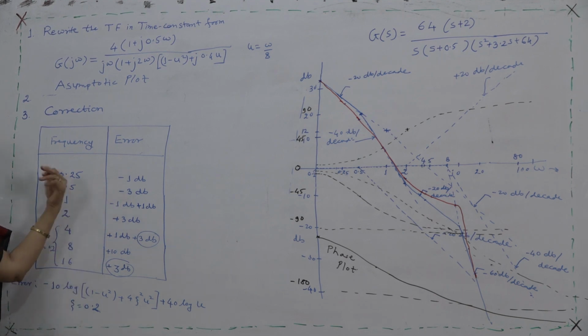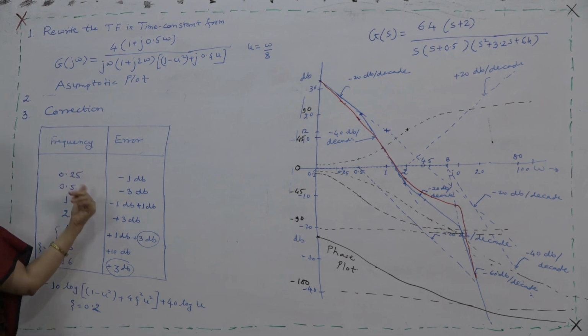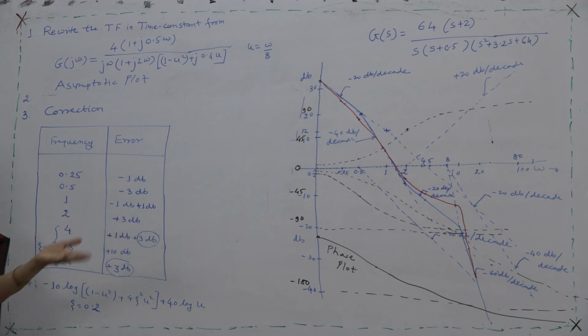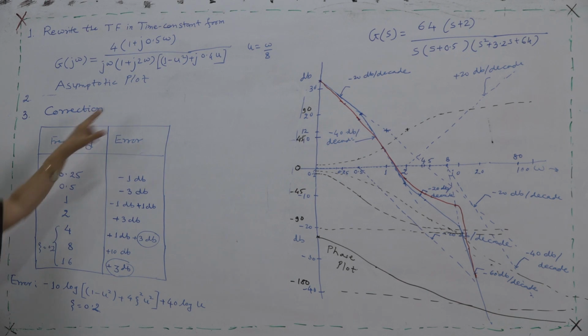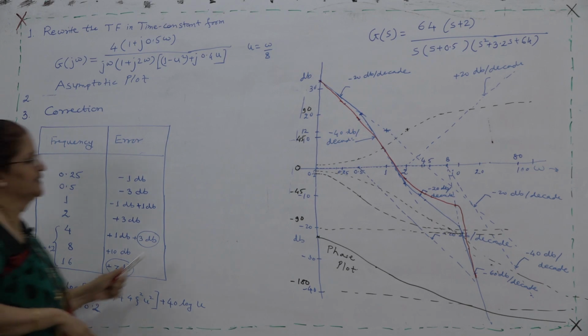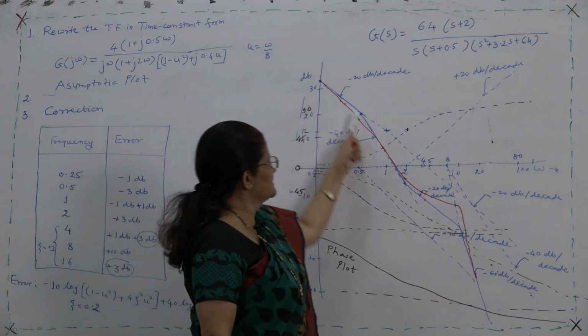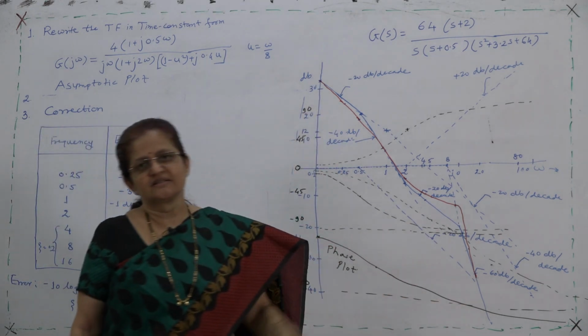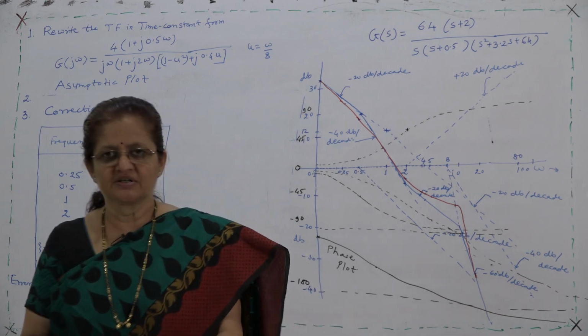Minus 1 dB for half the frequency and double the frequency, plus 1 dB if it is in the numerator. The only thing you have to take care of is if it is a complex conjugate pole or zero. You are getting the peak here, we have already seen how much error you get. So, whatever is the plot, this is the actual magnitude plot.